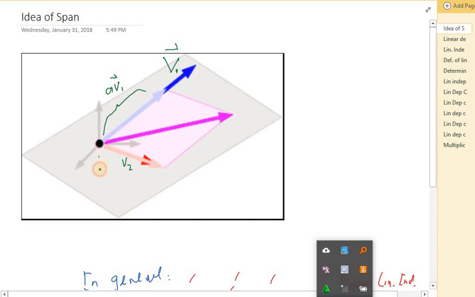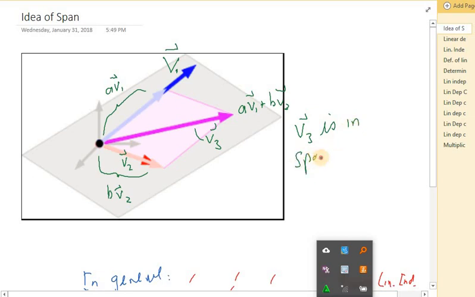And this scaled version of V2, I could call bV2. And then this magenta vector is aV1 plus bV2. So this magenta vector, which I'll call V3, I can say V3 is in the span of V1, V2.